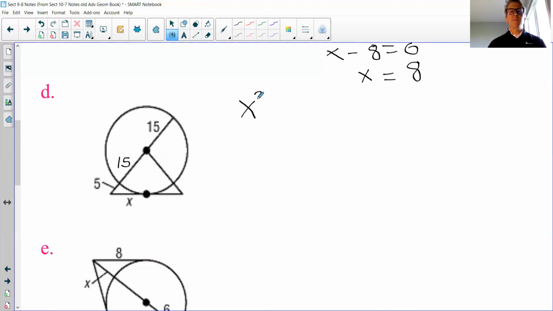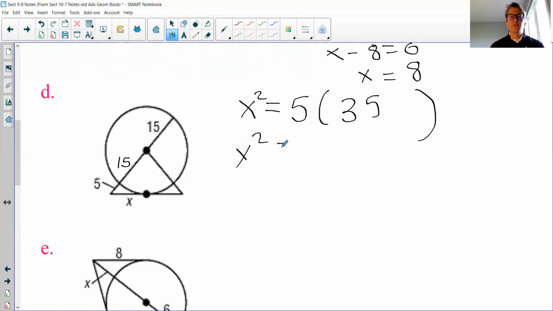We're going to square that, so that will equal the 5, the exterior part. Now, let's focus on what the whole piece would be. You've got 15 plus another 15 is 30, plus 5 is 35. So x squared is equal to 5 times 35, which is 175.